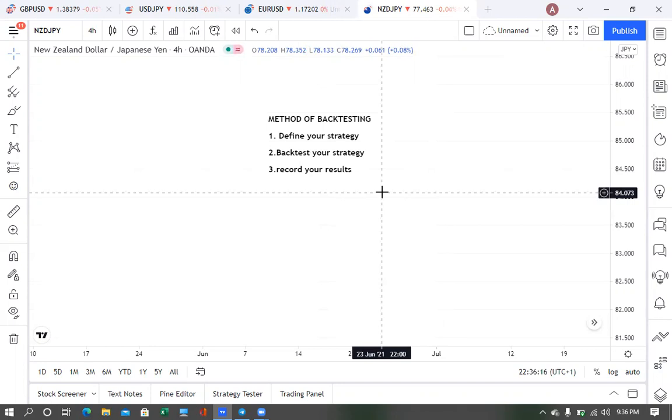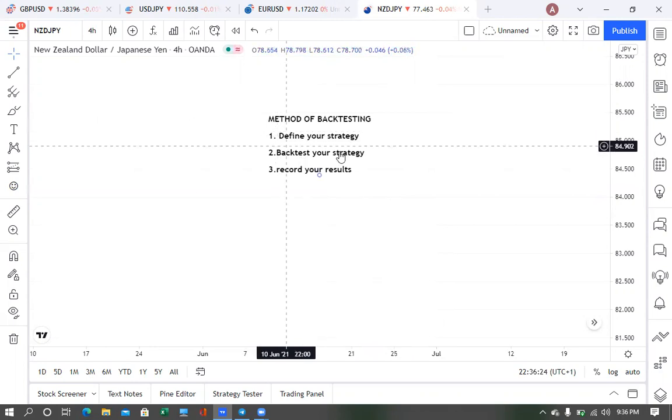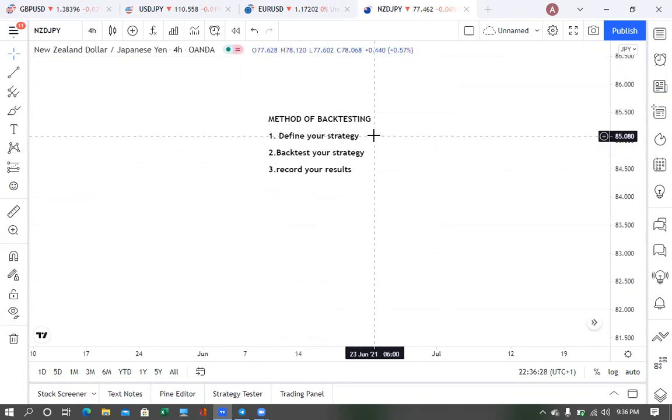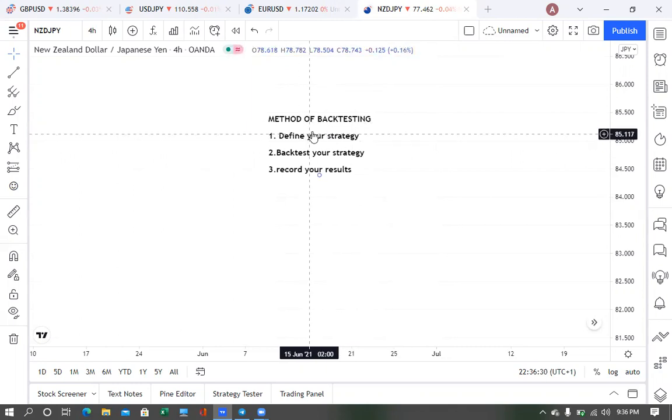Any strategy that you know in the market, the strategy that you are willing to use. That is what we mean by define your strategy: finding the strategy that you want to use when you are to trade.